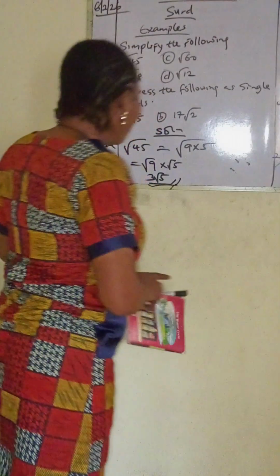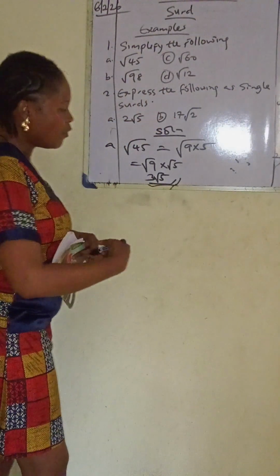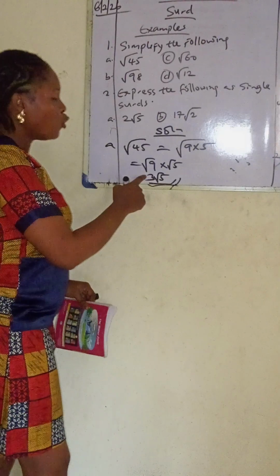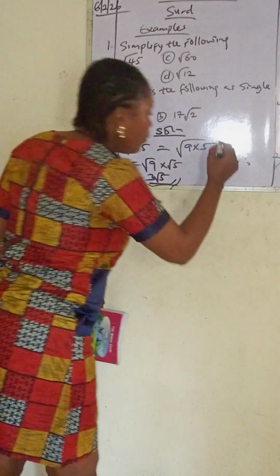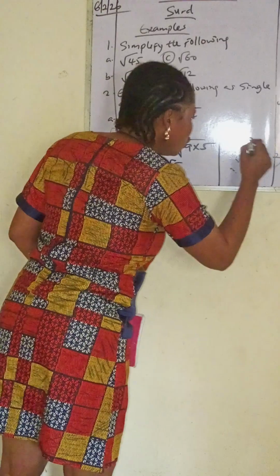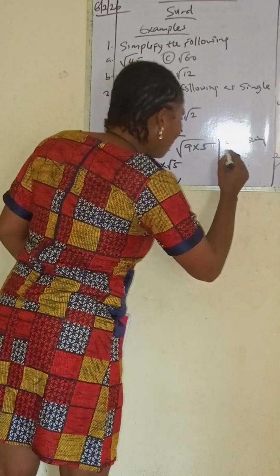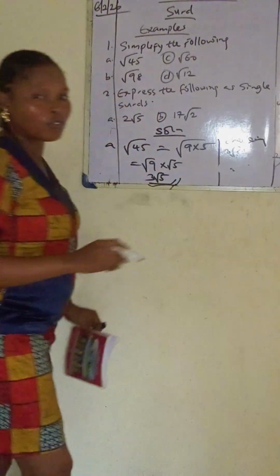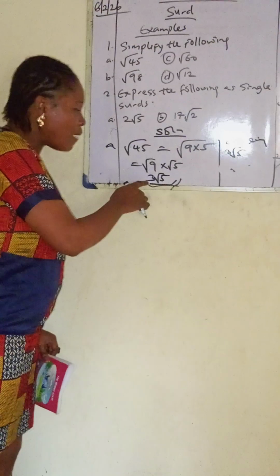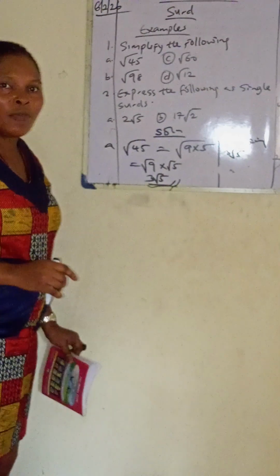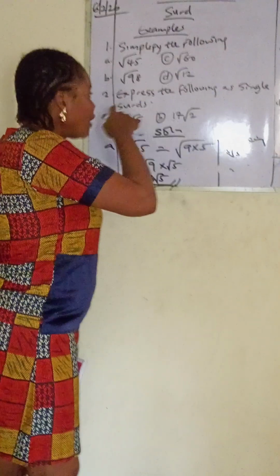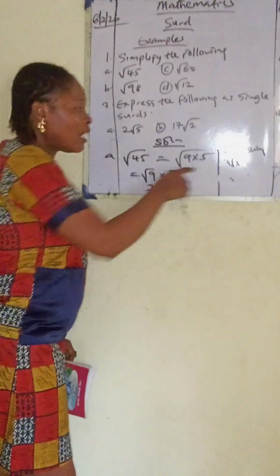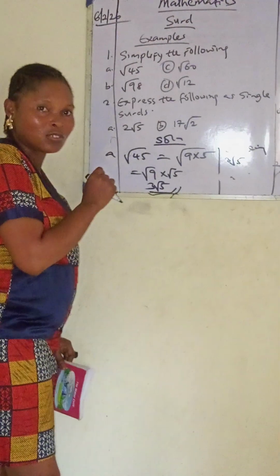Now, as this question is, you can also check if your answer is correct, that is, if your answer will give you the question. So let me put a check in here. If you want to check, you can say 3 root 5. I want to check if my answer will give me the question. That is example 2, but you can use that to check if your answer is right.